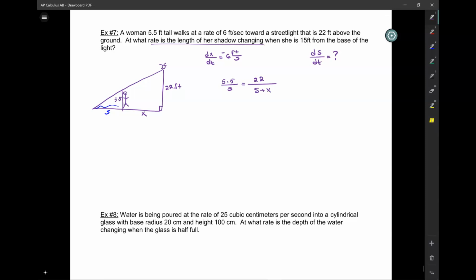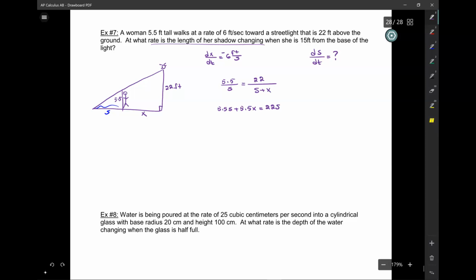All right, let's cross multiply. 5.5s plus 5.5x is equal to 22s. Okay, and now what? I take a derivative. Is there anything we can combine here?